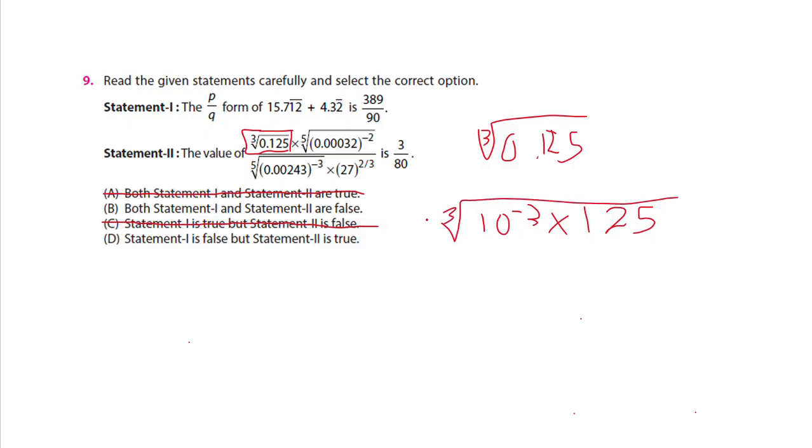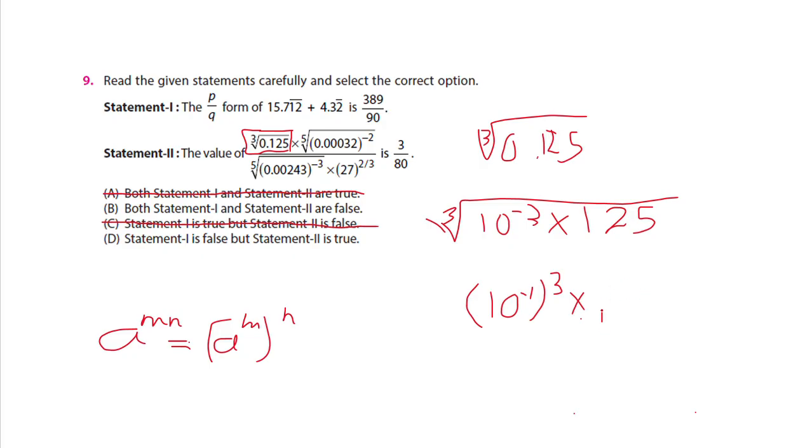So it will be the cube root of 10 to the power negative 3 times 125. 10 to the power negative 3 can be expressed as 10 to the power negative 1, all to the power 3, based on the exponent rule a to the power mn equals a to the power m, all to the power n. Negative 1 times 3 is obviously negative 3.